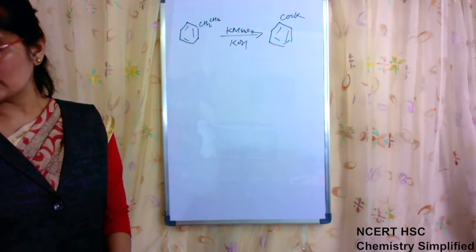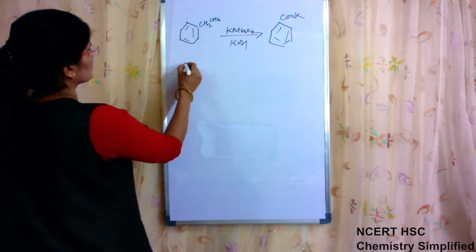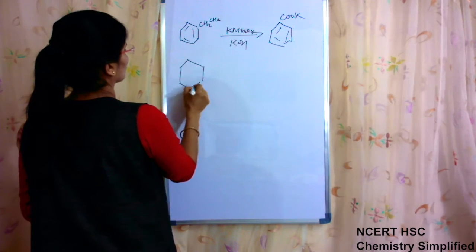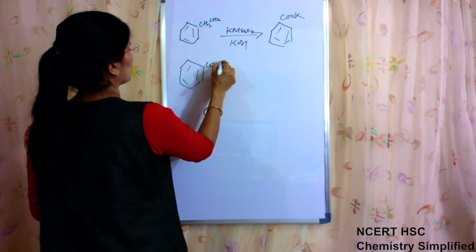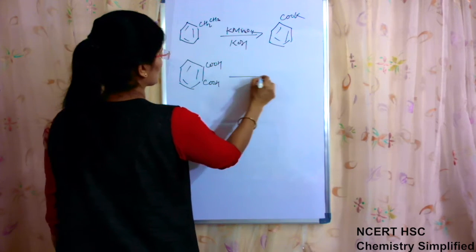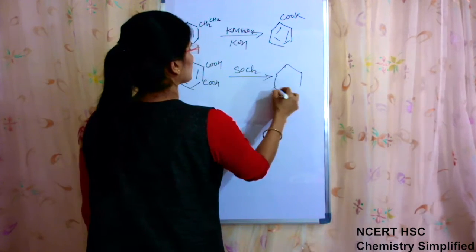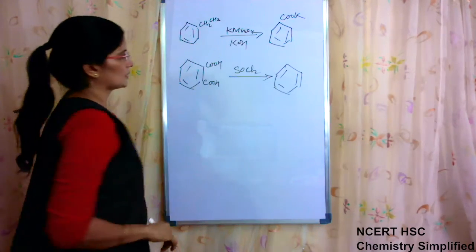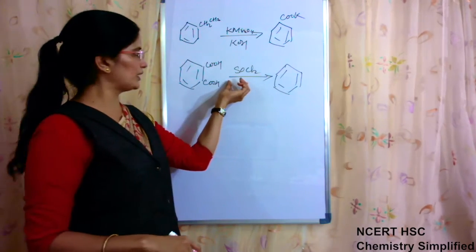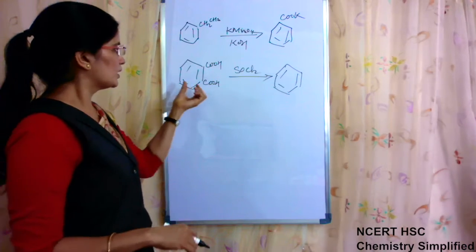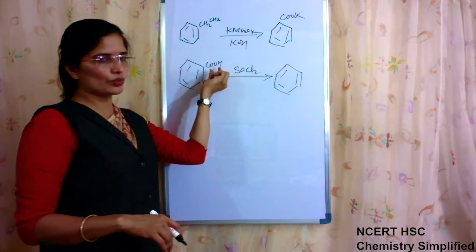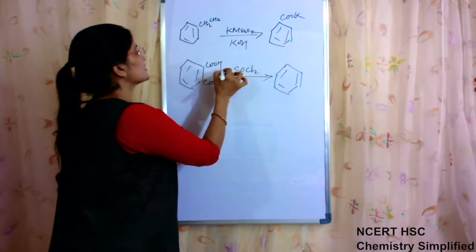Then COOH with SOCl2. What will be the product? Because SOCl2 is a chlorinating agent, when it attacks the acid group, we have seen that it acts just like an alcohol.